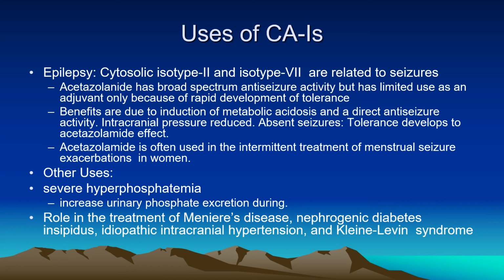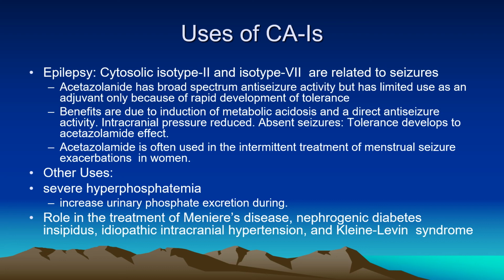There is a special use of acetazolamide in intermittent epilepsy, exaggeration of epilepsy which may occur during menstruation, and this is called catamenial epilepsy. In this condition it is found to be useful, and obviously it is to be used for a short time only.